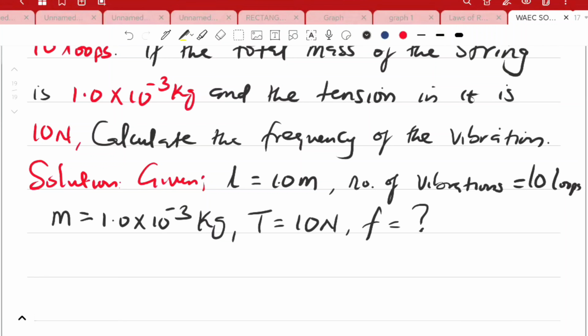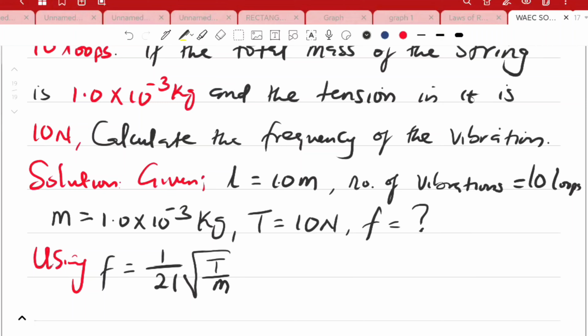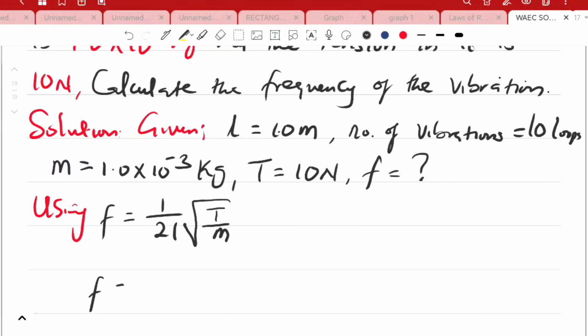So we need a formula that can connect these data. So using F is equal to 1 over 2L multiplied by the square root of T over M, we'll be able to solve this problem using this formula. Is that clear? So F is equal to, can you see that? 1 all over 2 multiplied by L. Our L is 1.0, so multiply by 1.